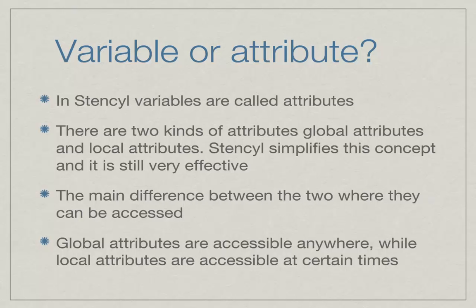Global variables can be accessed throughout the entire game. It doesn't matter where you are, you can always access that data. Local variables only go to a certain area. If you're in a certain part of the game, only that part can access that data.